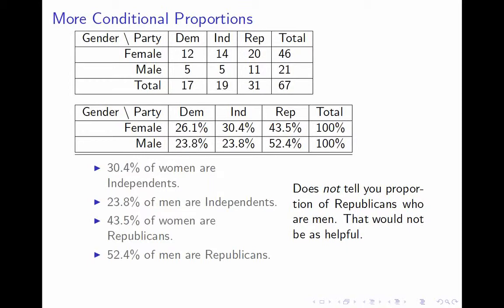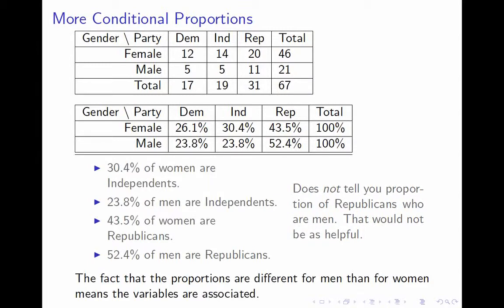It's not as helpful because we can directly compare different values of the explanatory variable. We can say that, evidently here, women are more often independent than men, and men are more often Republican than women. And maybe women are slightly more likely to be Democrats than men. And those tell you the relationship between the variables.